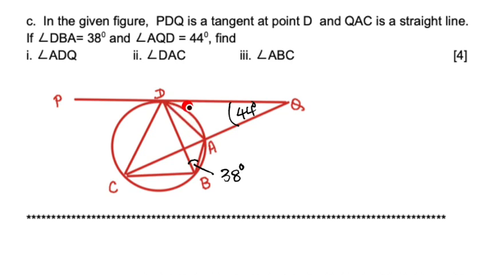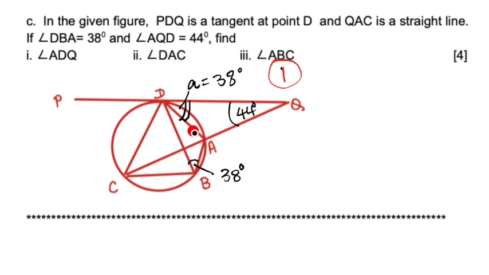Now ADQ, can you see this one here? This is, if you say A, then we will say this and this. Can you see? This is the tangent, this is the chord, and this is the angle made in the alternate segment. So this A is going to be equal to 38 degrees. And that will be your 1 mark. I'm not writing the statements, I'm just explaining this. Now we come to your DAC.